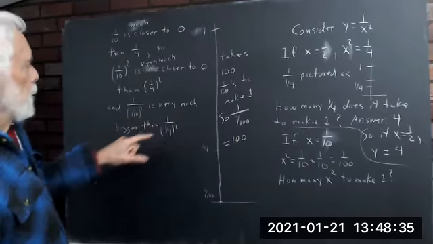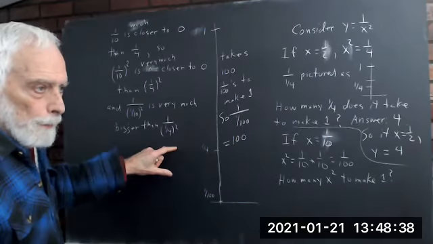So 1 over 1/10 squared is very much bigger than 1 over 1/4 squared.